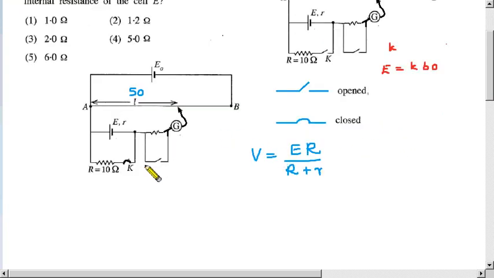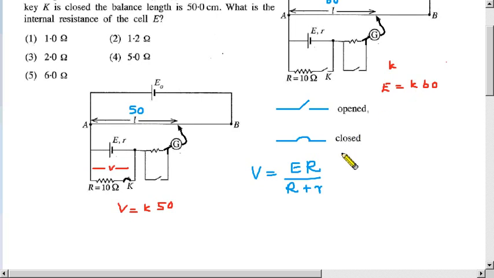For this circuit we can write there is a voltage now here V, not E, because current is passing through this resistor now. Therefore V equals k times 50, the balance length.